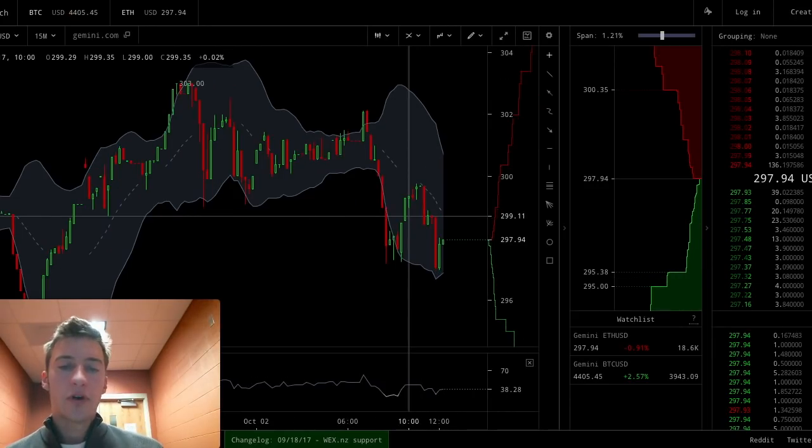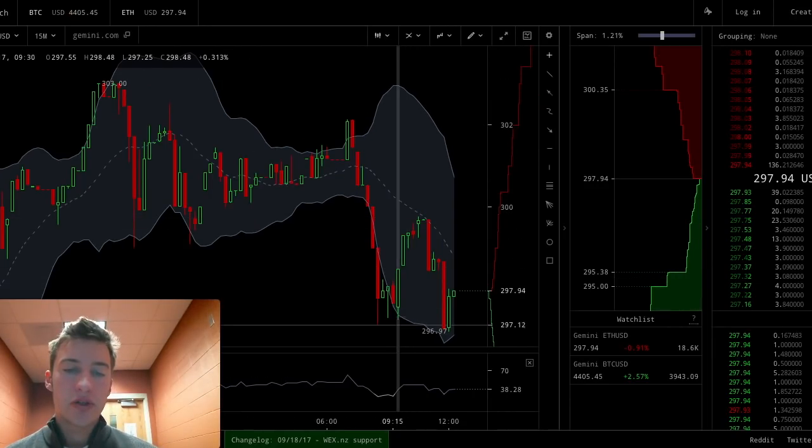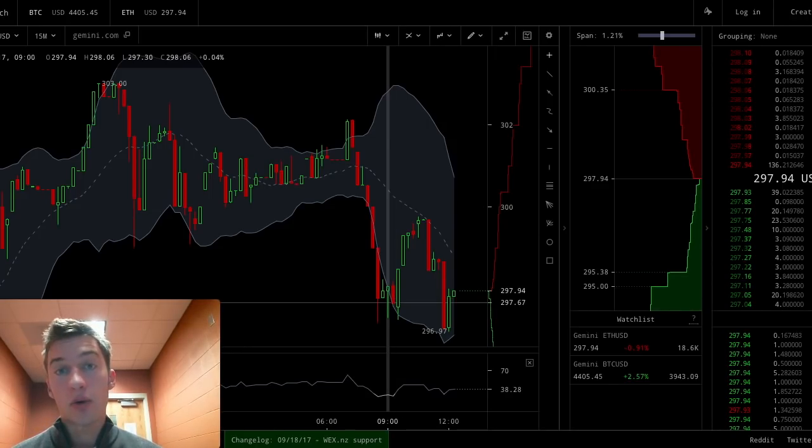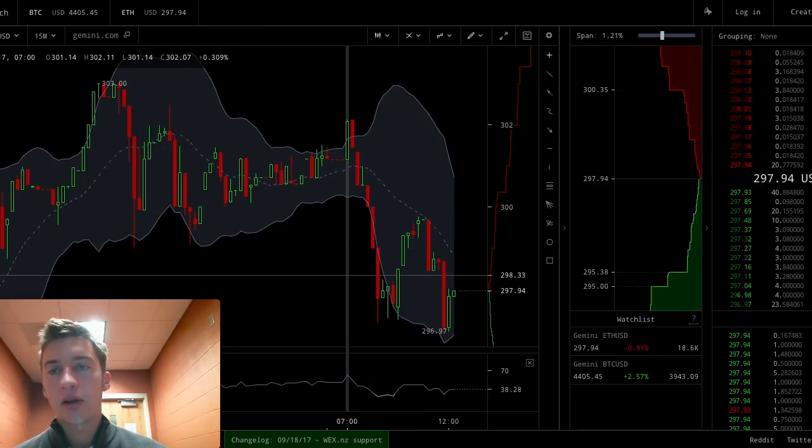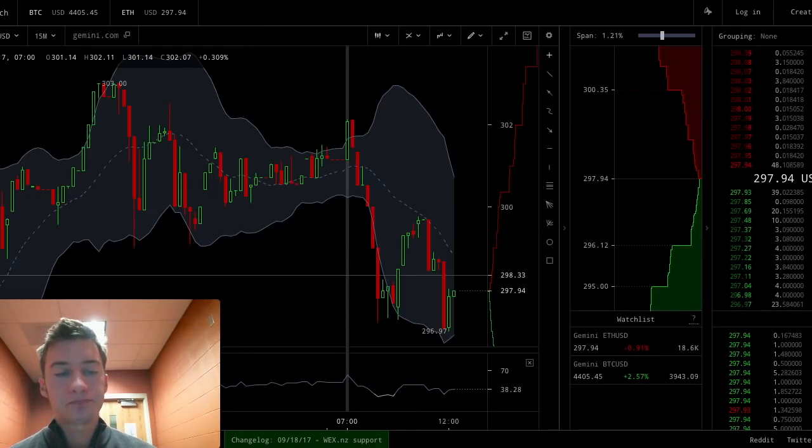And then finally, we went over RSI divergence, which is looking at if price makes a higher high or a lower low or a lower high, and then just seeing how RSI treats those higher and lower zones.